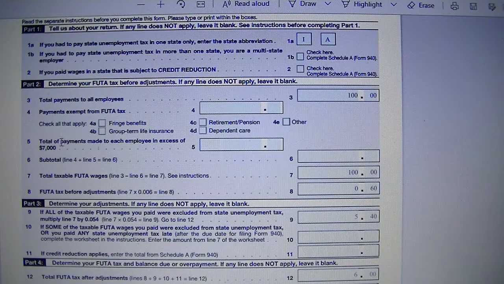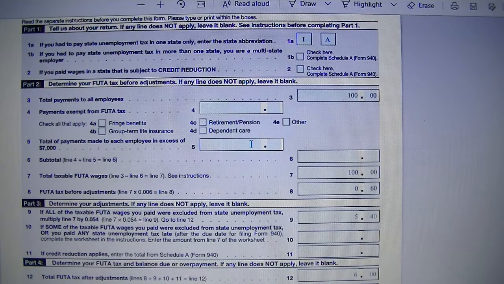Line 5, total of payments made to each employee in excess of $7,000. So in that same example where you pay $44,000 to one of the employees, it is the first $7,000 that you will pay FUTA on. So the excess, the difference between $44,000 and $7,000, will go on line 5.